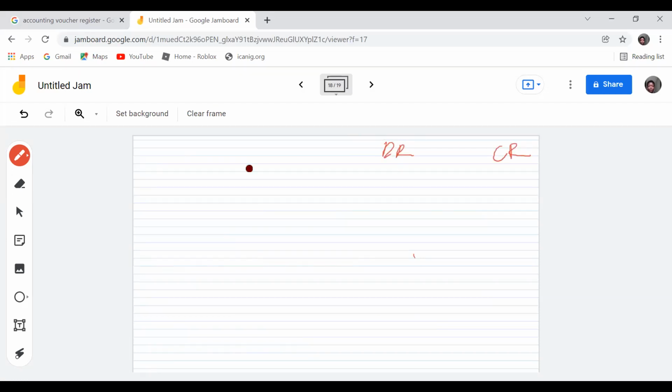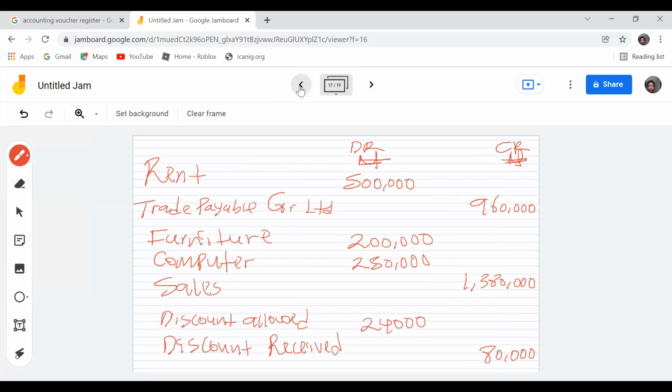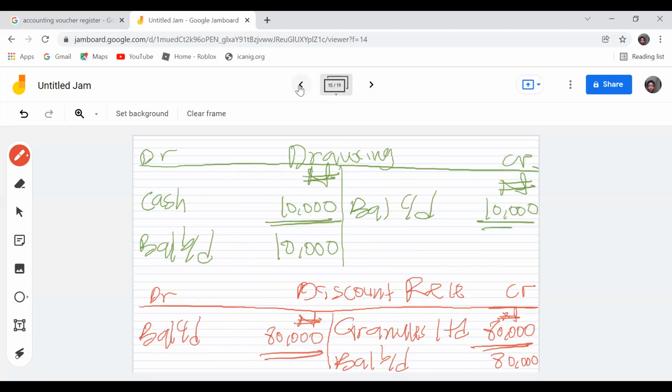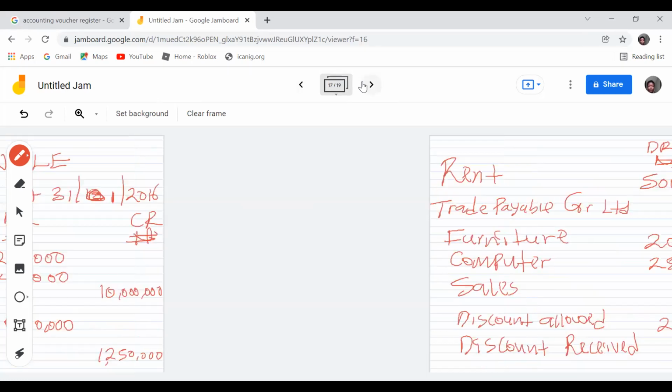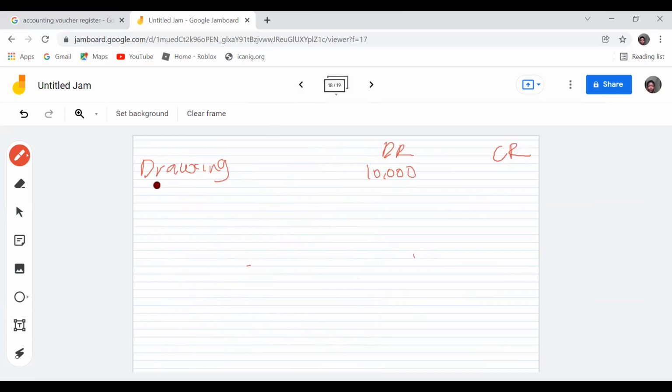We also have drawing as well. Drawing is 10,000. We have salary, 80,000, and electricity as well.